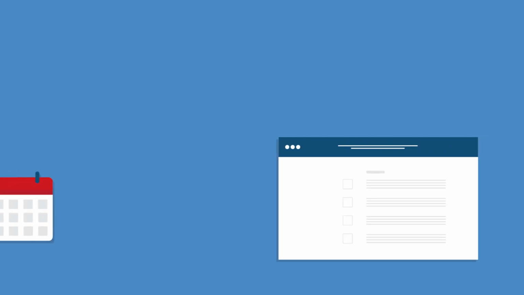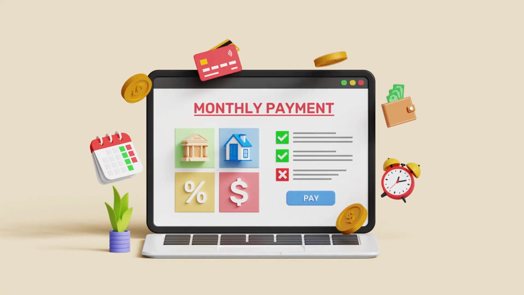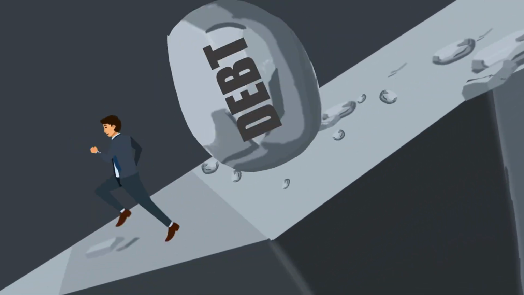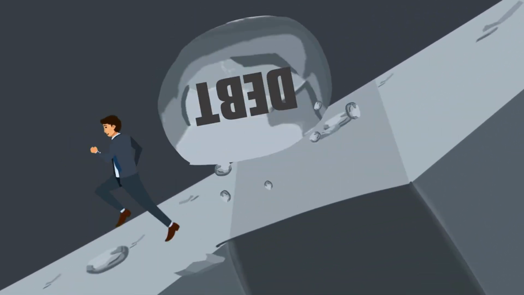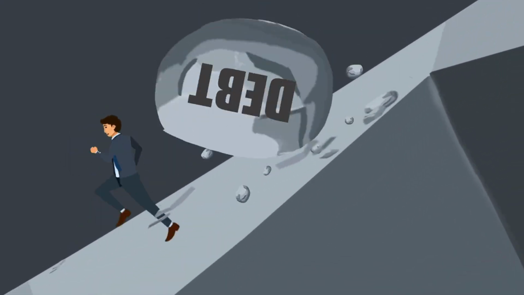Add this $250 to the minimum payment of personal loan B, $100. New payment toward personal loan B, $350 per month. This is where the snowball effect begins. The payment grows larger and larger with each debt eliminated, allowing you to tackle bigger balances faster.